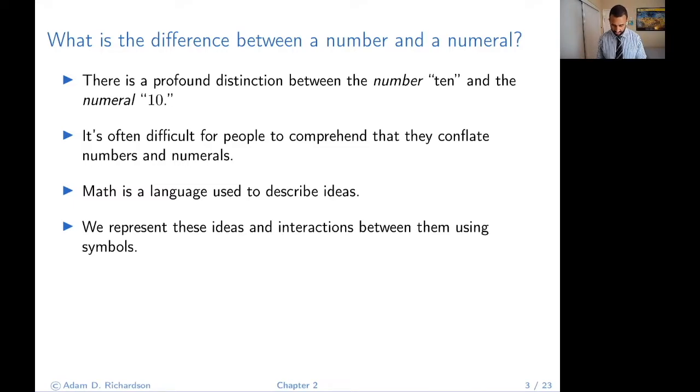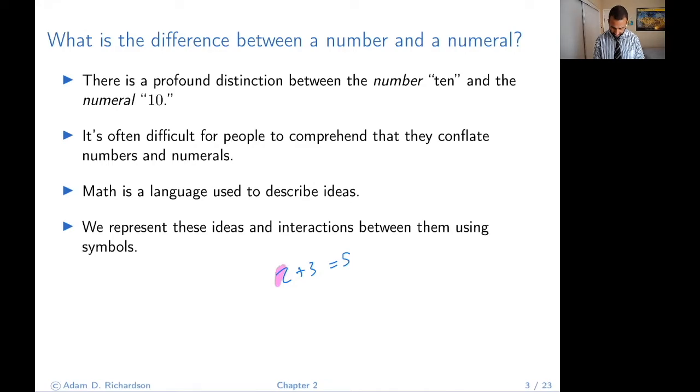Just to give you an example, if I write something like 2 plus 3 equals 5, that's a mathematical sentence. I'm using these various symbols that you see in this equation to talk about concepts and how they're related. In this case, the concepts are pretty rudimentary, but I think you'd agree they're absolutely fundamentally important to understanding things, right?